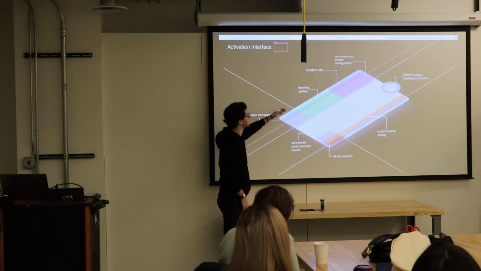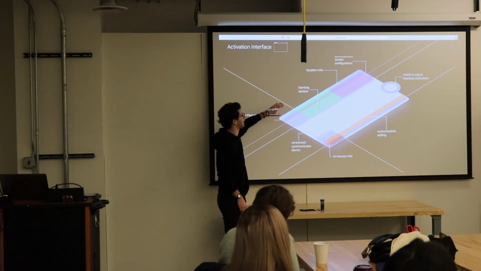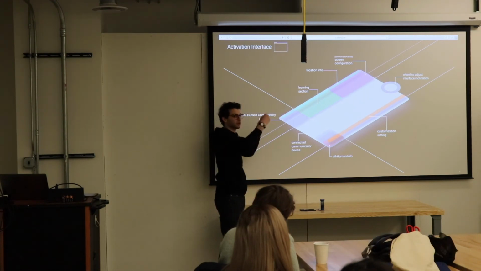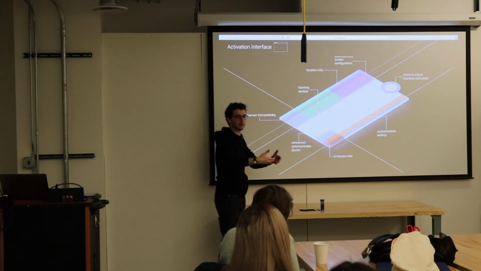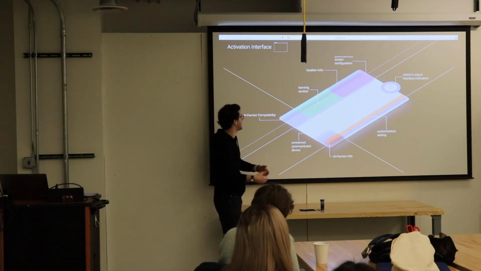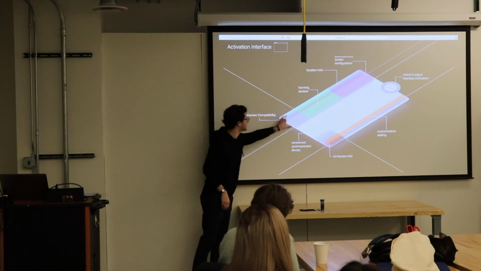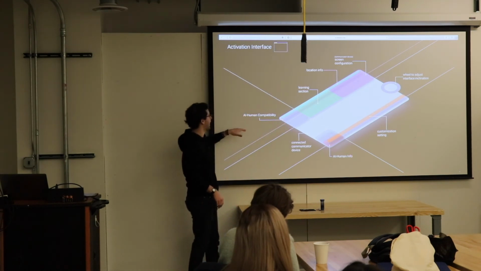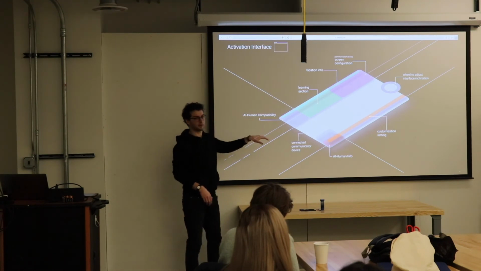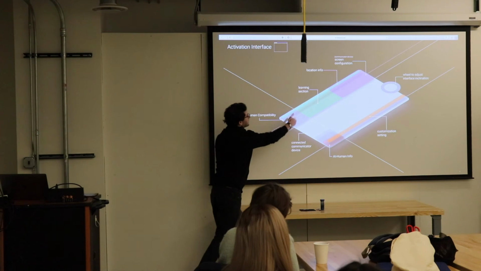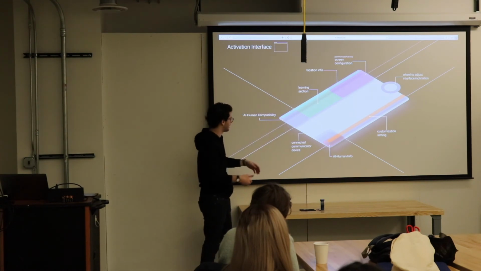The learning section, which is connected to how to work with your AI, because you have to learn how to be more compatible with your AI. And this section of the page shows, in percentages, the compatibility that you have with your AI, and close to it, the learning section, how to grow.